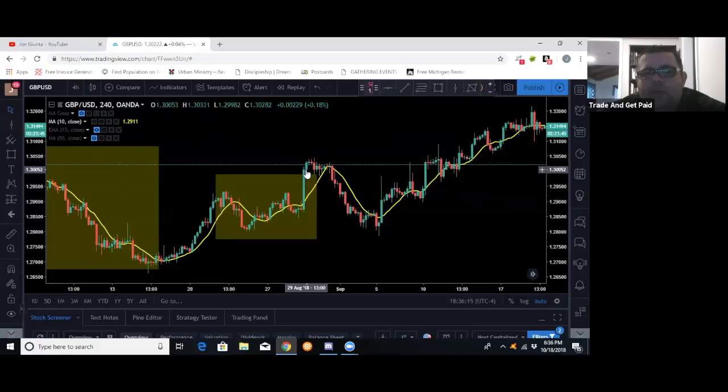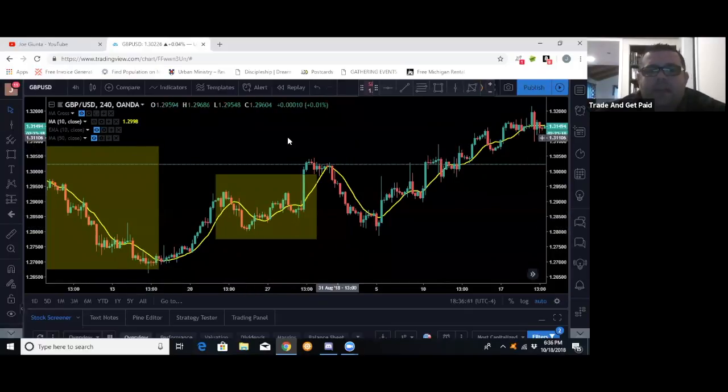So if we would have waited till we got to here, because this is when price action closed above the simple moving average, we'd have missed a lot of movement. A simple moving average sometimes doesn't give you that precise early entry. Sometimes a lot of the movement has already happened by the time the simple shows you to get in.